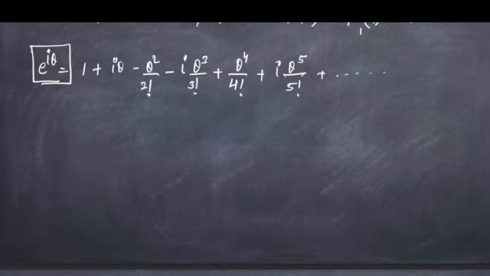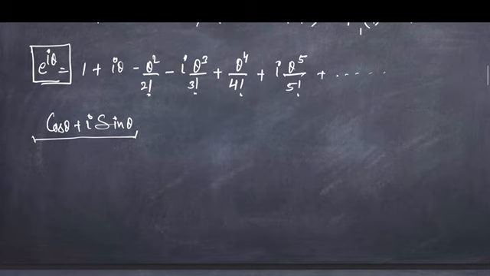So now we have to find out the value of cos theta plus iota sin theta. To get this term, we have to put x equals theta in the expansions of cos x and sin x, and multiply the expansion of sin theta by iota. So firstly we will put x equals theta in sin x and cos x.